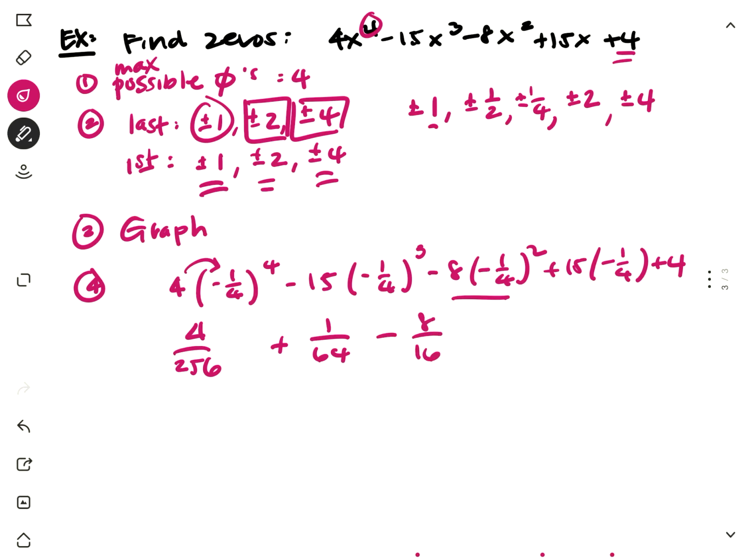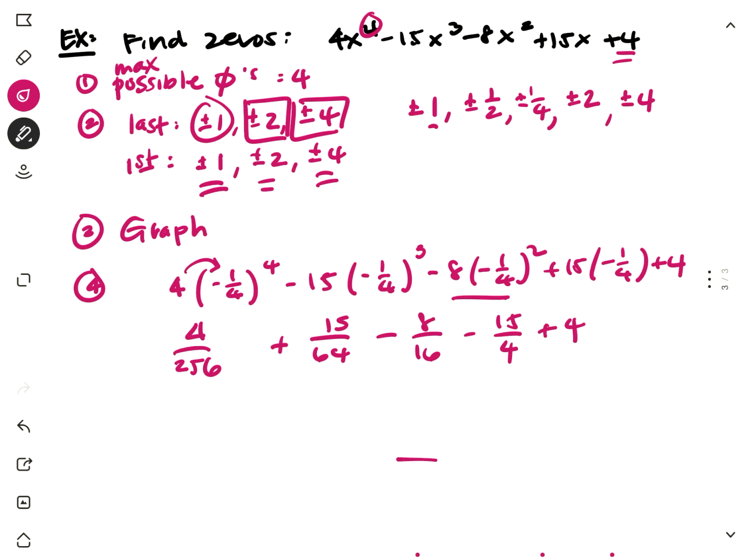Then we have 15 times -1/4, which is -15/4, plus 4. If you have a graphing calculator or a scientific calculator, you could have done that all at one time and made your job a lot easier. But let's simplify this a little bit. Oops, I forgot the 15 here.